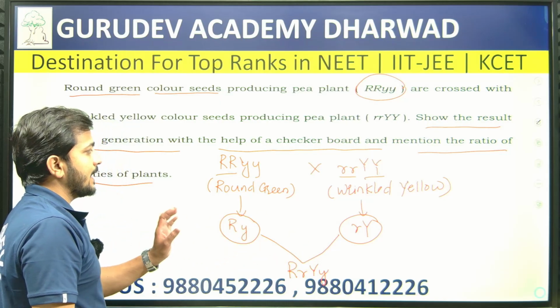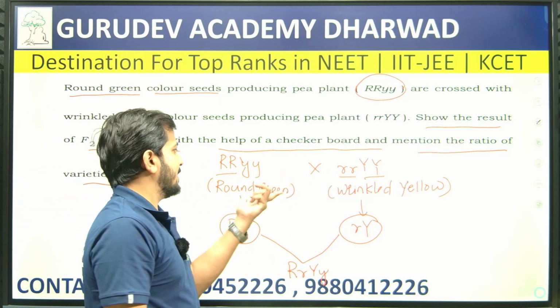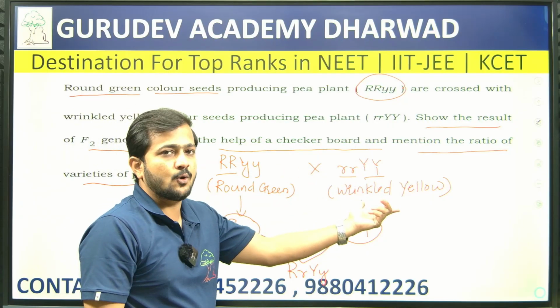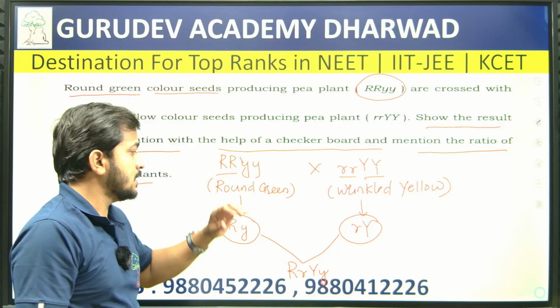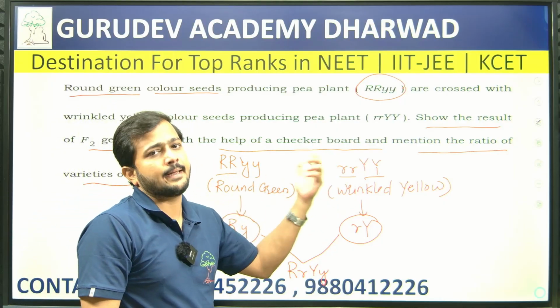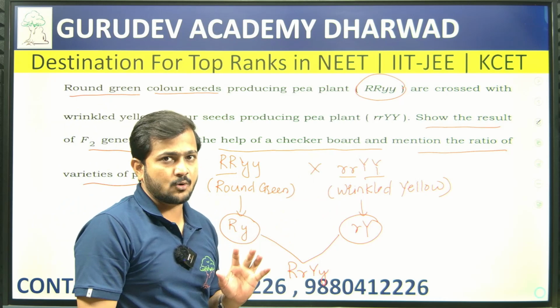So what we know is that the characters we have got, round green and wrinkled yellow, with respect to the dihybrid cross, are non-parental combinations that Mendel got.